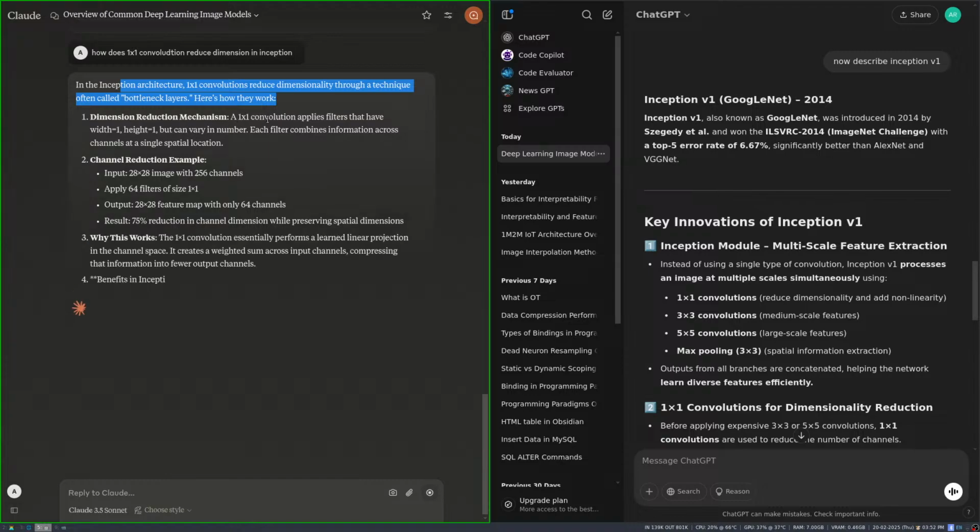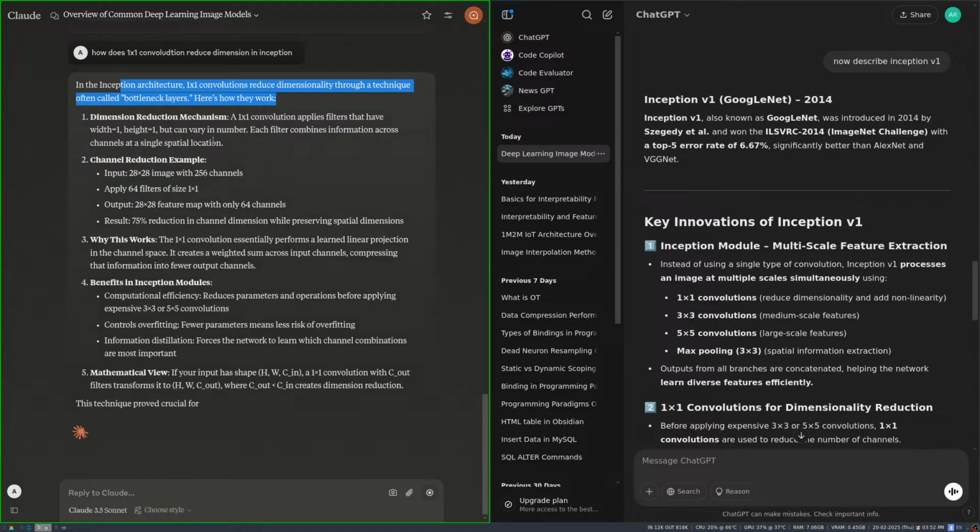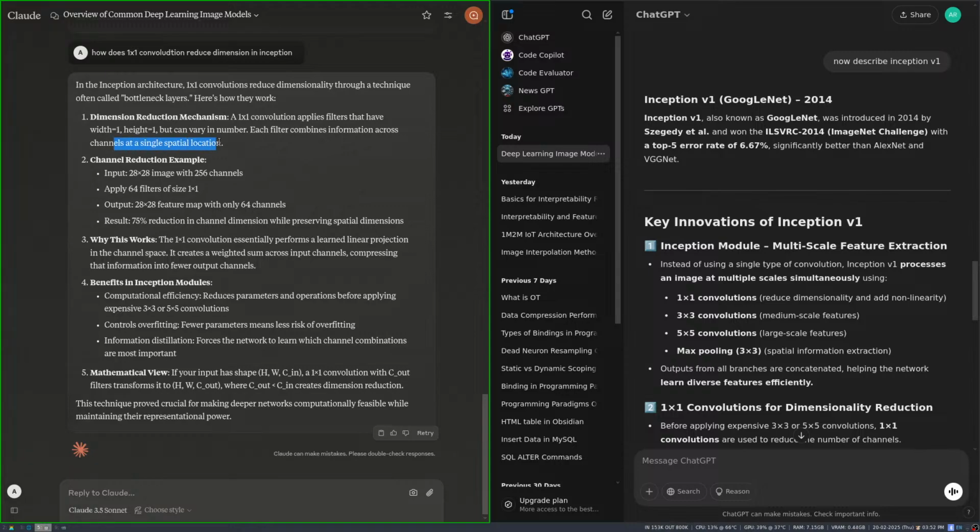Dimension reduction. One by one convolution applies filters that can vary in number. Each filter combines information across channels in a single spatial location.